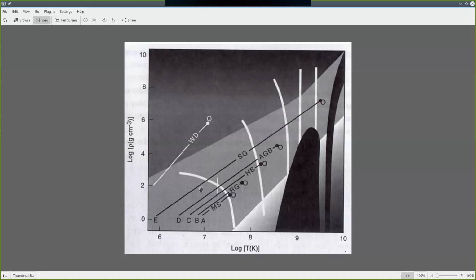This also means that if a shell is really quick to burn, it could turn off and wait for a new amount of fuel. That is essential for the asymptotic giant branch, because they have this turn on, turn off of the helium shell.